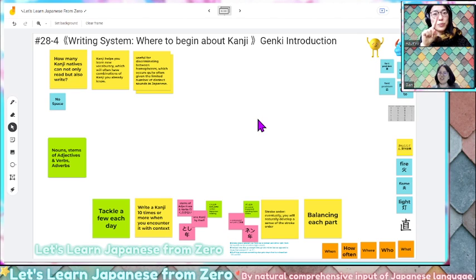Hiragana, katakana, and kanji. Yeah. Why do three exist? What's your guess? I mean, one is from only Japanese.